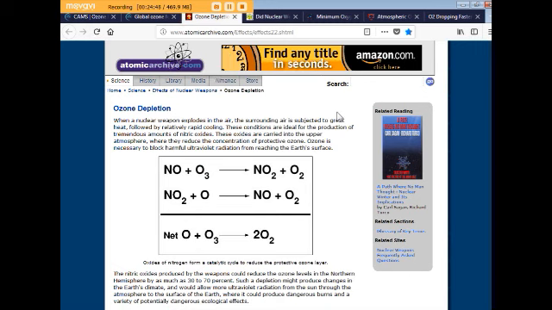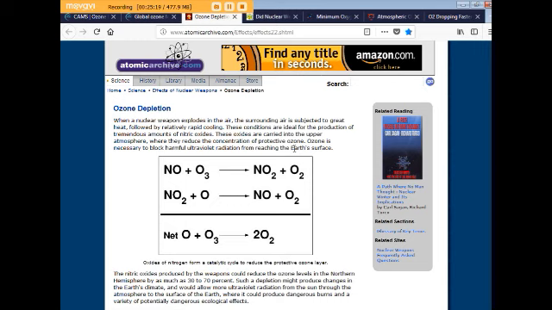Here's another article, atomicarchive.com, ozone depletion. When a nuclear weapon explodes in the air, the surrounding air is subjected to great heat, followed by relatively rapid cooling. These conditions are ideal for the production of tremendous amounts of nitric oxides. These oxides are carried into the upper atmosphere, where they reduce the concentration of protective ozone.